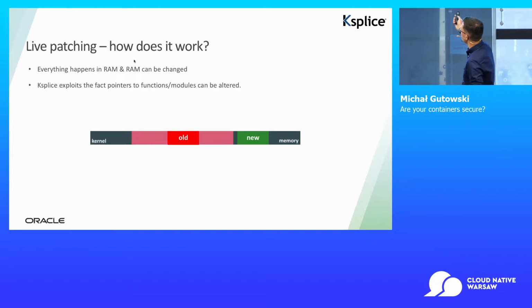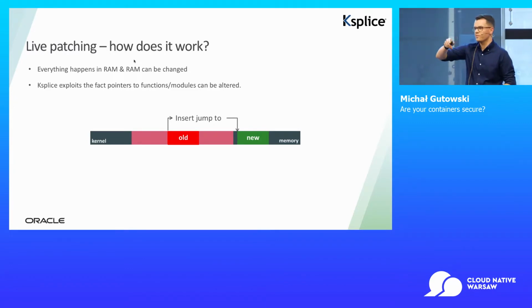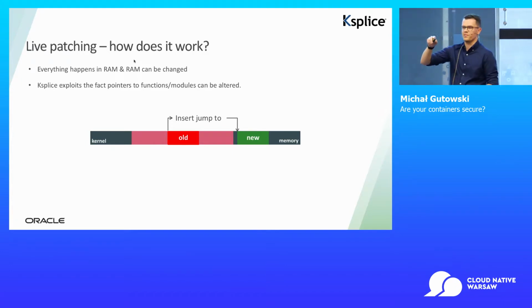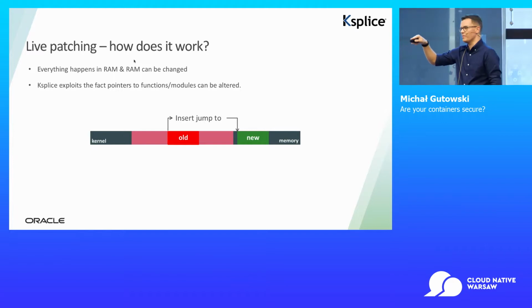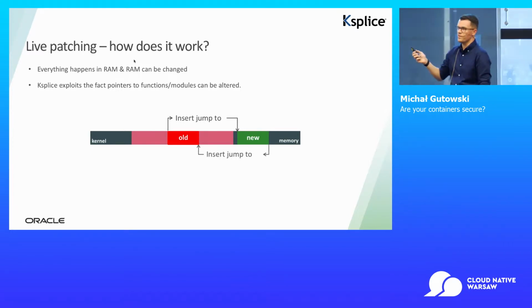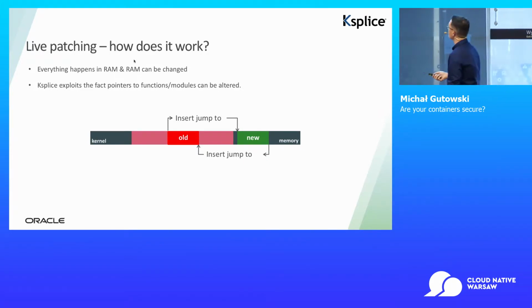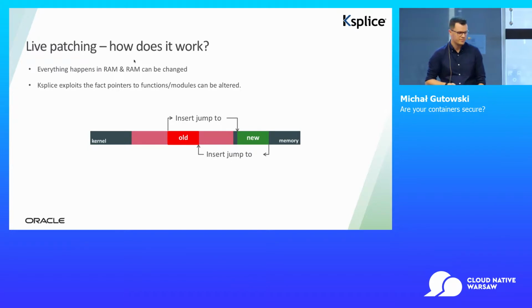So we have a new patched version of the function, we have the old version of the function, and we are just changing the pointers in memory. So while you're executing the code in your memory, and before you execute the function that has a bug, just jump to a different point in the memory, execute the new function, and once you do that, just go back and execute whatever is next. Yeah? So this is very simple.